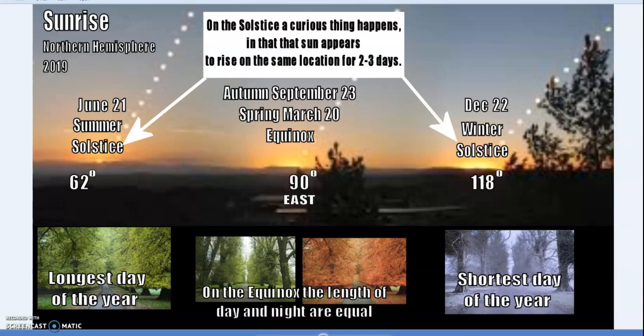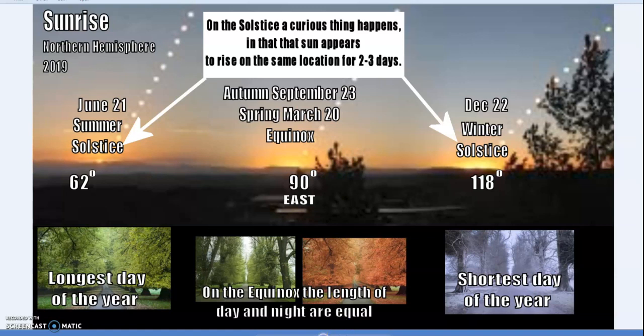An important, curious thing happens on the solstice, winter and summer. Each day the sun will rise in a different location until it gets to the solstice, winter or summer, and then it appears to rise and set in the same position for 2 to 3 days in a row.